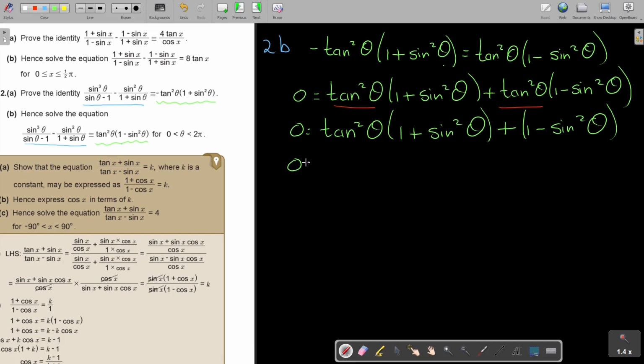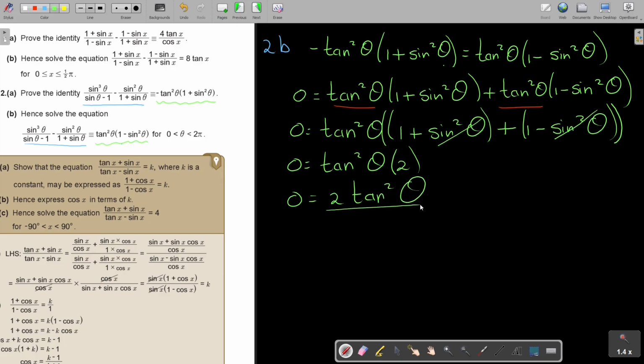So if I'm looking at this, then I'm going to say tan squared theta. The brackets you can almost ignore, but this can cancel out. Do you see? So 1 plus 1. I'm going to put a bracket there also. So 1 plus 1 is 2. So I'm ending up with 0 equals 2 tan squared theta. I put the 2 in front.